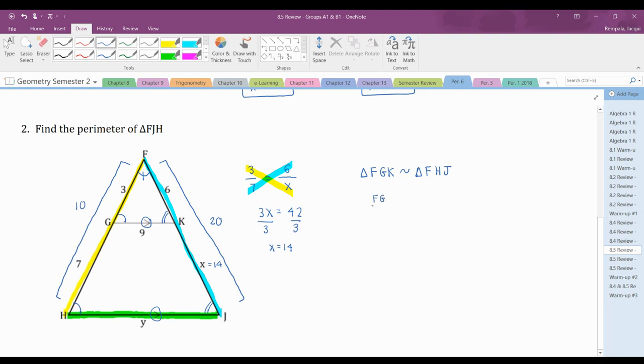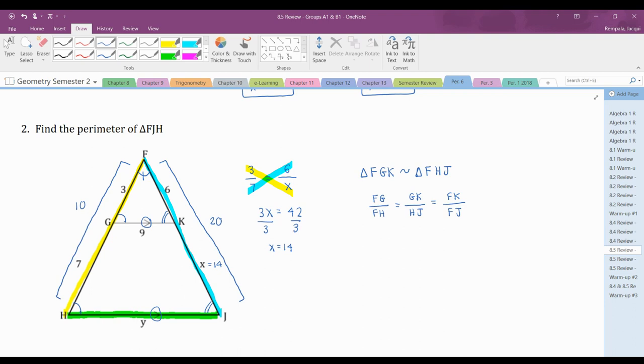So FG, first 2 letters, that goes over FH, first 2 letters. That's going to equal GK over HJ. FJ, because those are the last two letters, that's going to equal FK over FJ. So those are all three sides, and ratios of corresponding sides are equal when we're dealing with similar triangles.